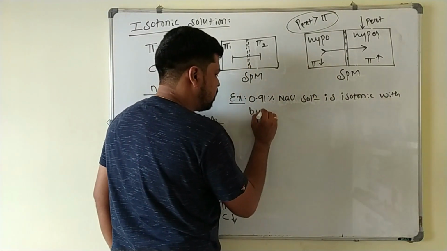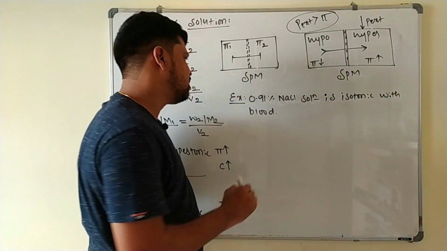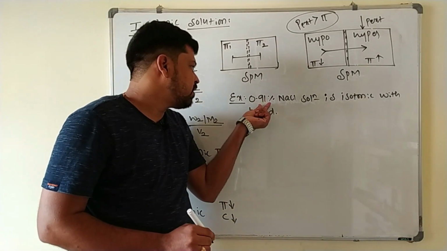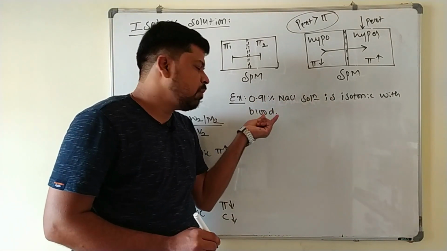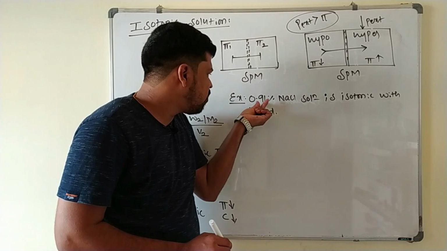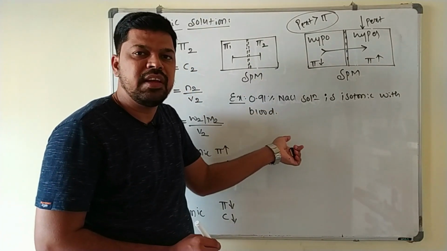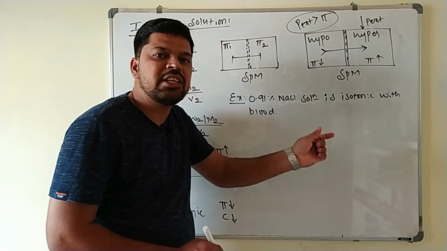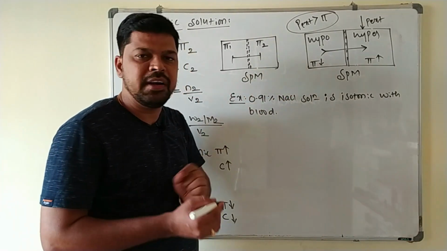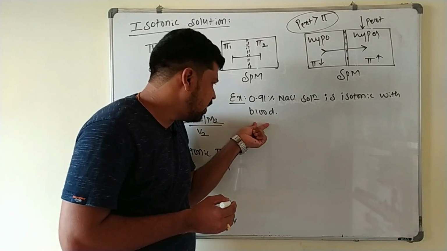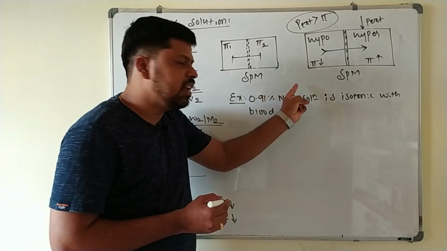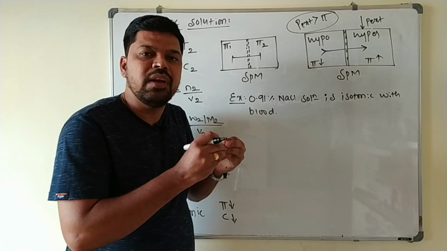It is isotonic with blood means what happens? The concentration of 0.91% of NaCl solution is equal to the concentration of the fluids that are present in the blood here. Both concentrations are equal.